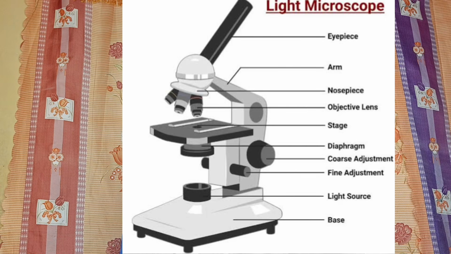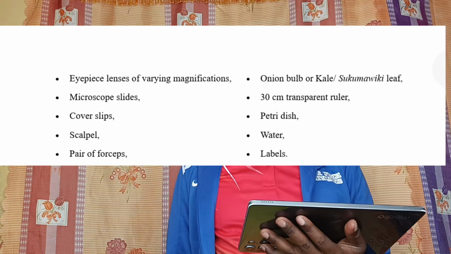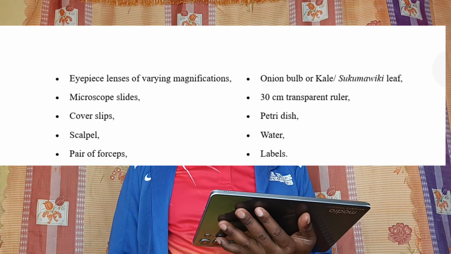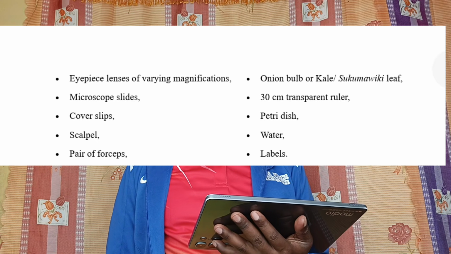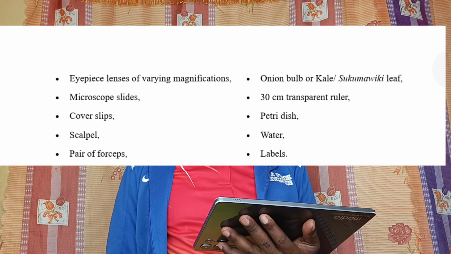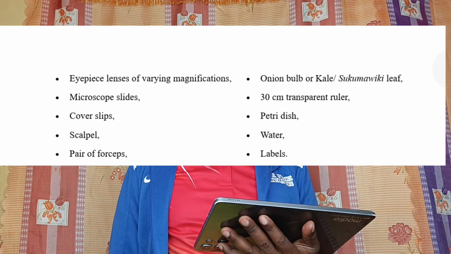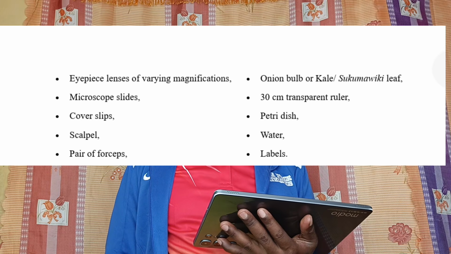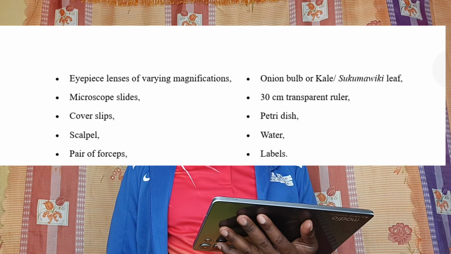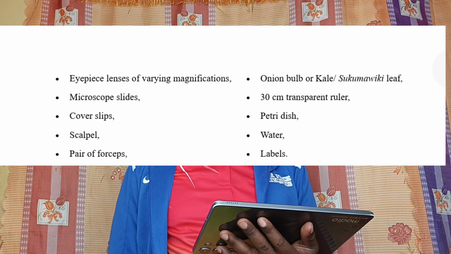These materials were provided to the learners: eyepiece lenses of varying magnification, microscope slides, cover slips, scalpel, pair of forceps, onion bulb or kale/sukuma wiki leaf, 30 centimeters transparent ruler, petri dish, water, and labels.